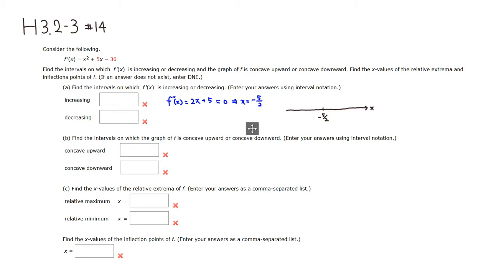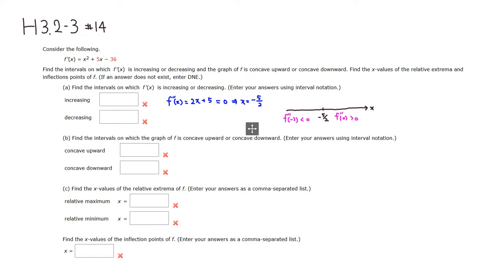I'm going to put a tick mark at negative 5 over 2. Then we look at f double prime. We try any number less than negative 5 over 2, so I'll try negative 3. If you plug in negative 3, negative 6 plus 5 is a negative number. And we can try anything bigger than negative 5 over 2, so I'll try 0. 0 plus 5 is positive.